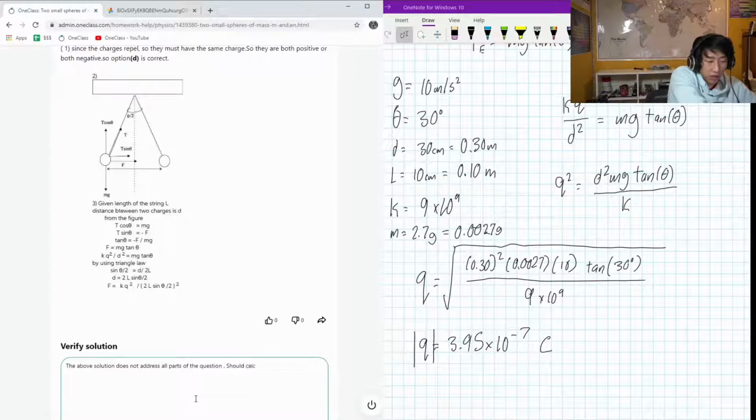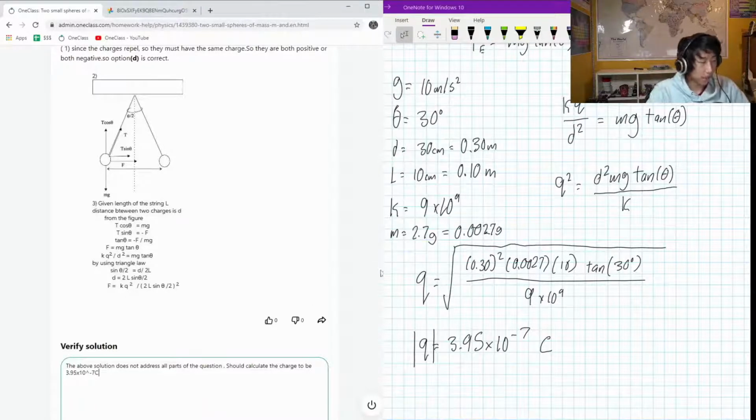You should calculate the charge to be 3.95 times 10 to the power negative 7 coulombs. Okay, but yeah, cool.